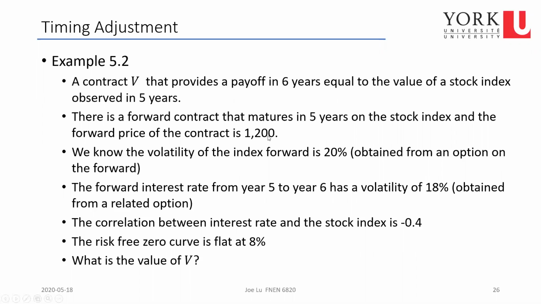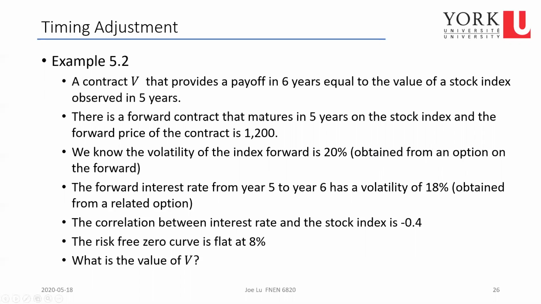Which is the expected value or the forward value of this index. We know the volatility of the index forward, which is this forward, is 20%. And you can obtain that through some options on this forward.